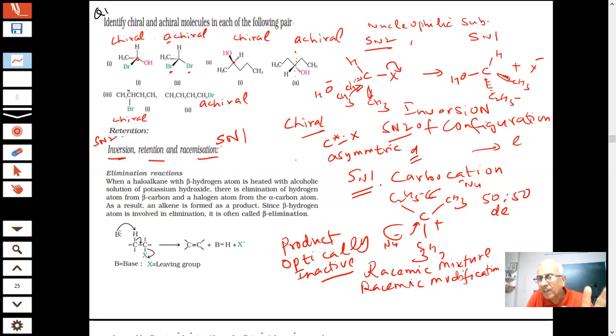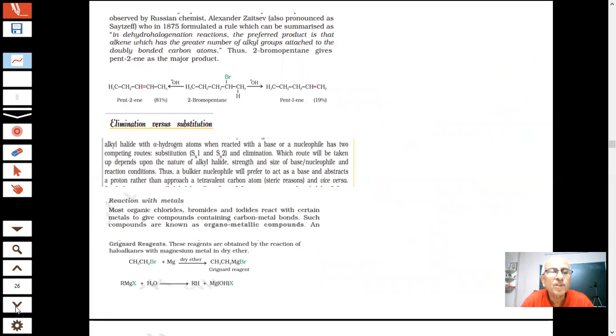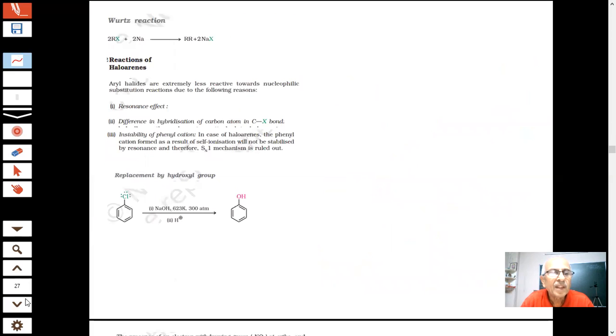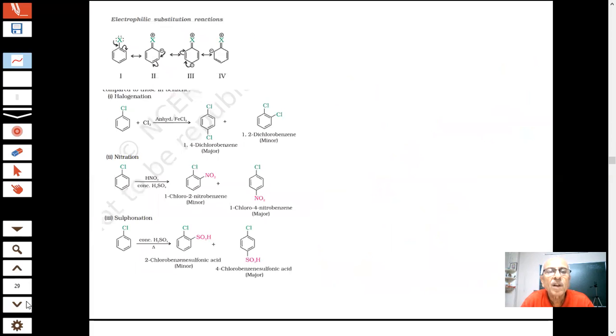Right? This is an important question that has been asked in the papers. Questions on optical activity are usually asked in the exam, students. For example, SN2 and SN1 questions will be there in the exams.